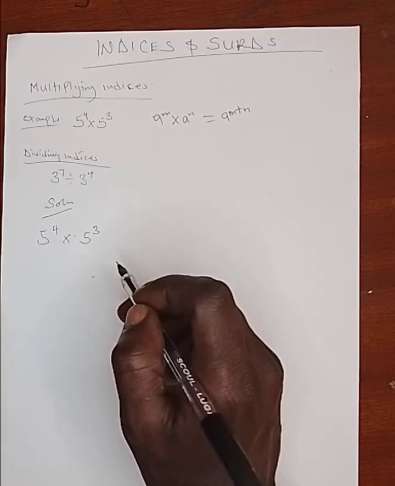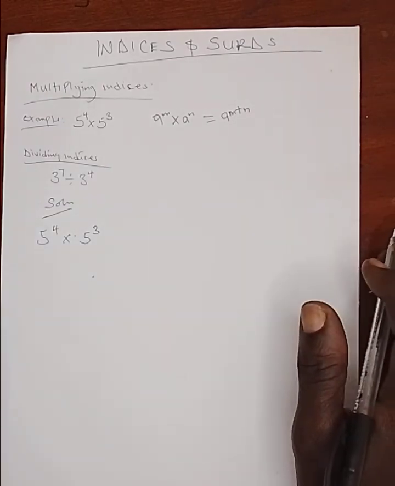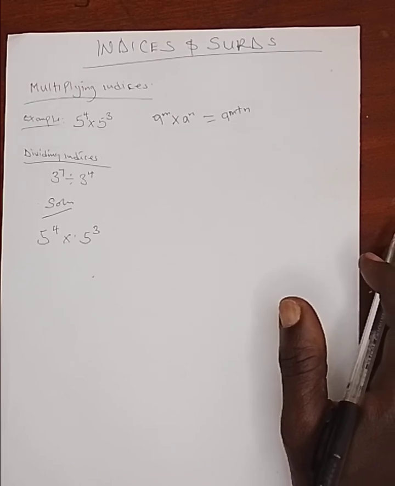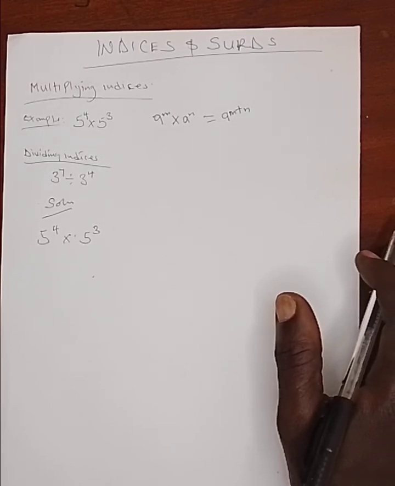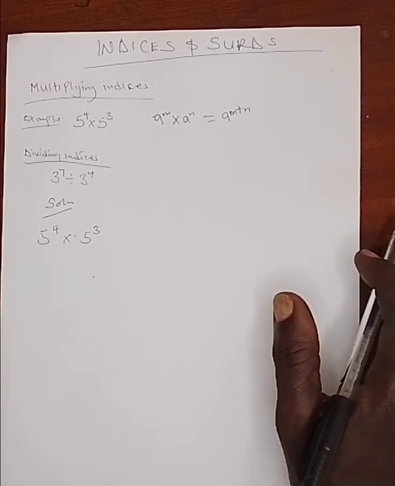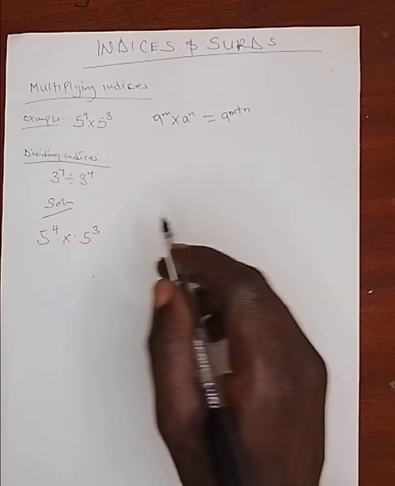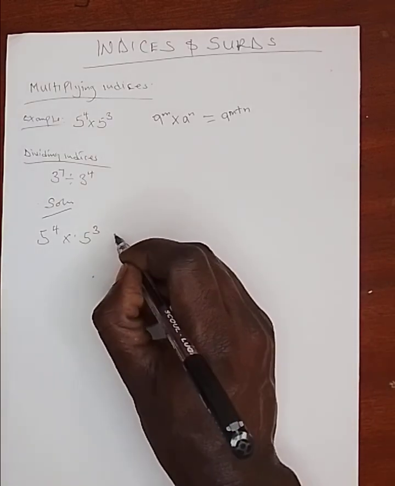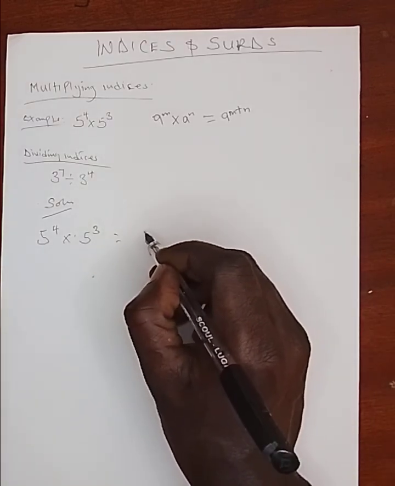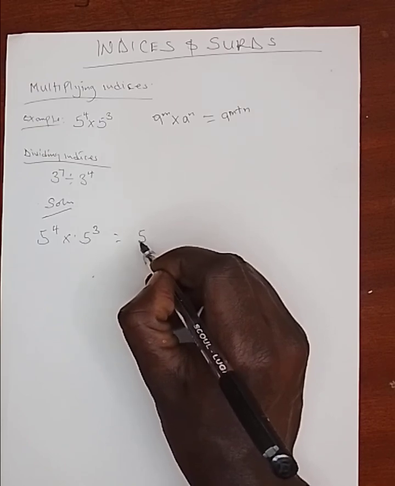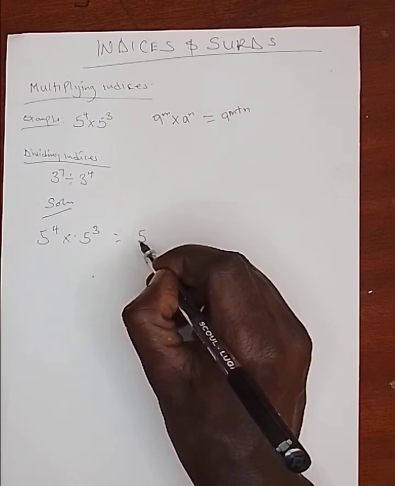As I told you from our first rule, whenever the base is the same, you add the powers. So now we are going to add the powers.